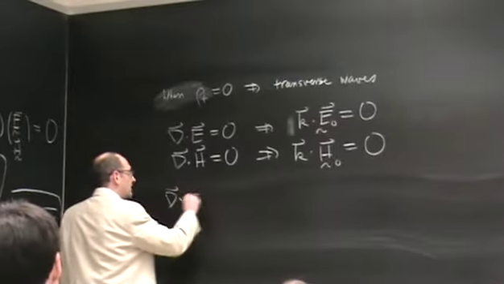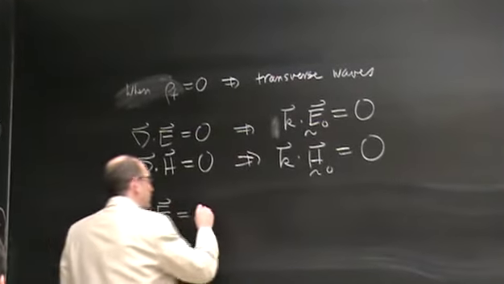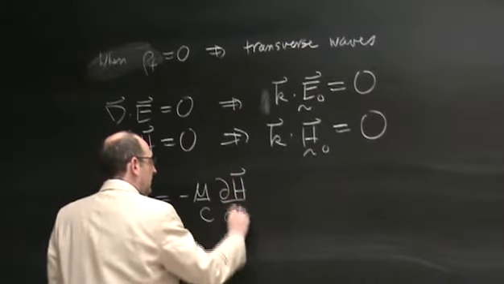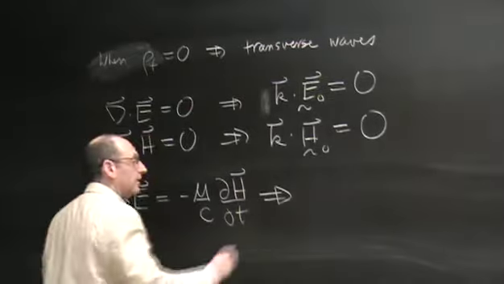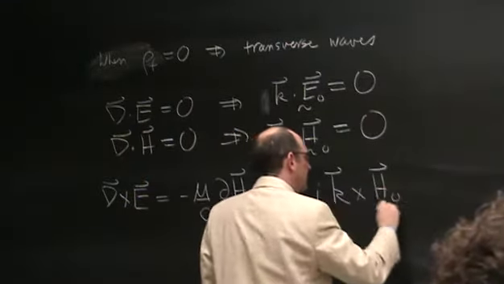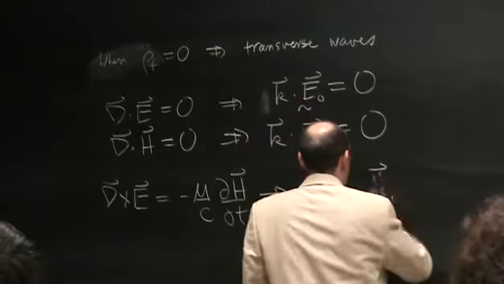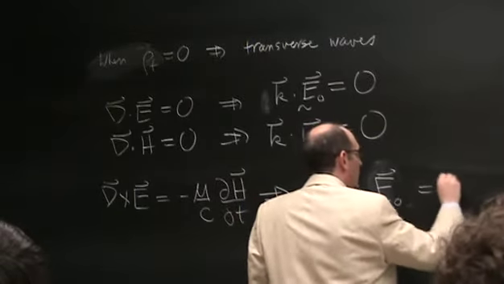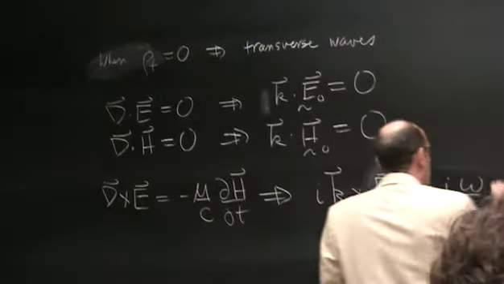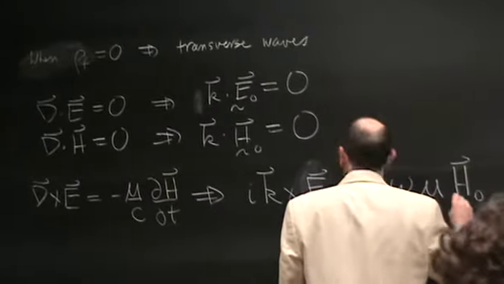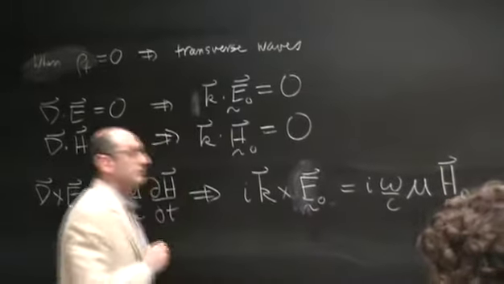So del cross E is equal to minus mu over c dH dt, which implies ik cross E naught tilde is equal to i omega over c mu H naught tilde, right?